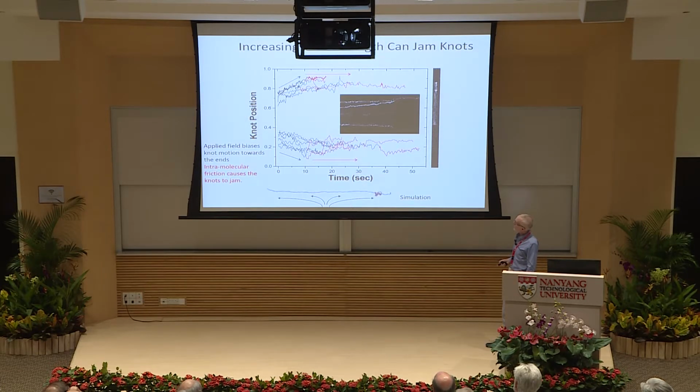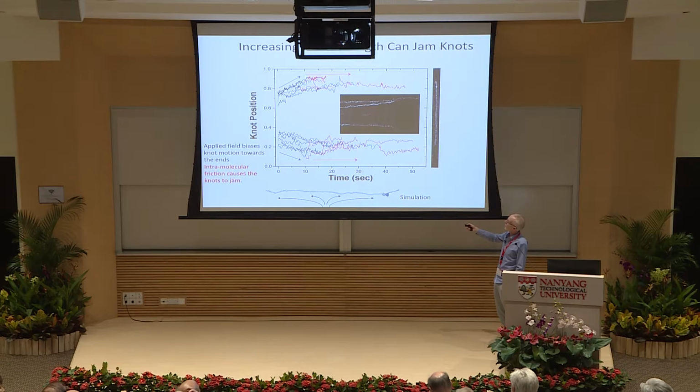So we can do this in an experiment. We can take a molecule, and in this case, have two knots. We have it at a certain field, and my knot's moving around. Then I can suddenly change my electric field. What we can actually show is that we can have knots which are initially starting to convect near the end of the chain.